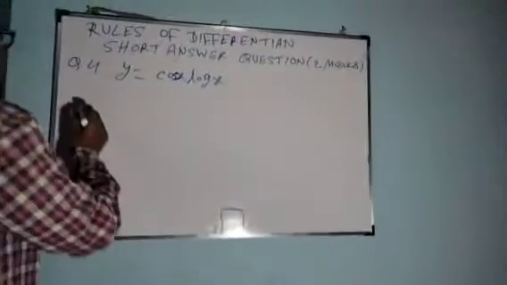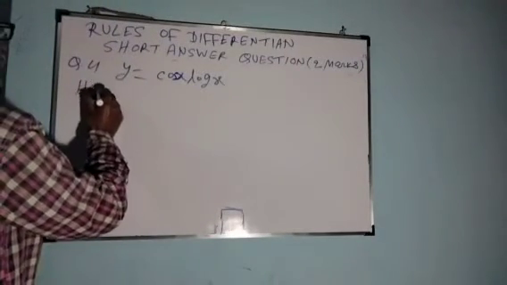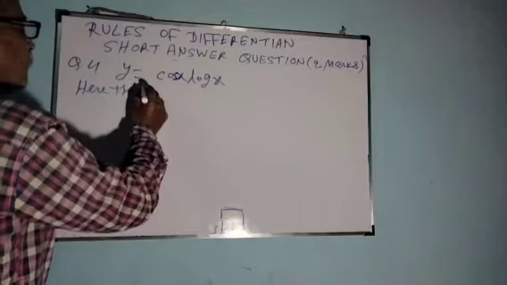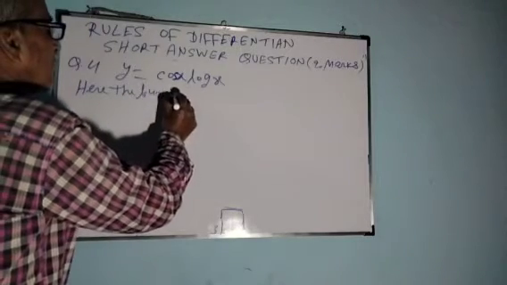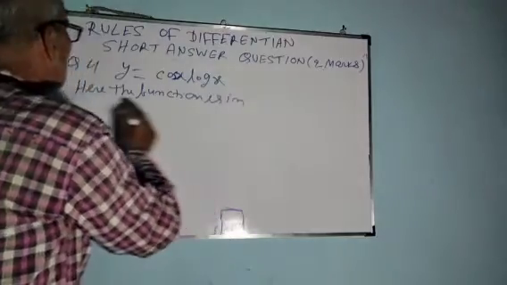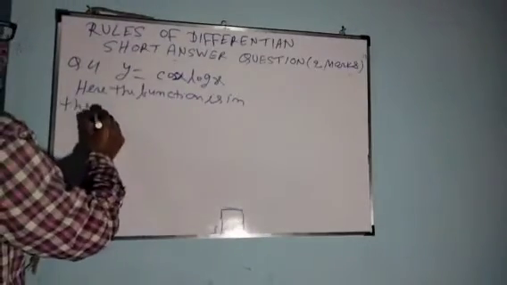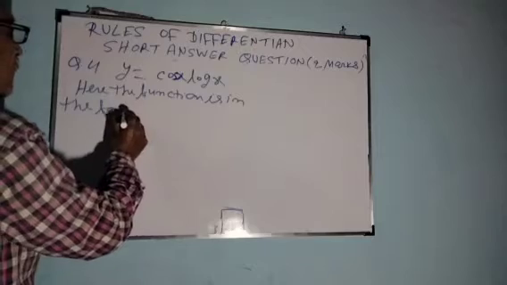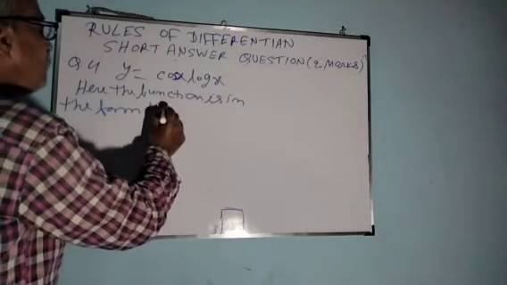Let us see. Here the function is in the form u into v.